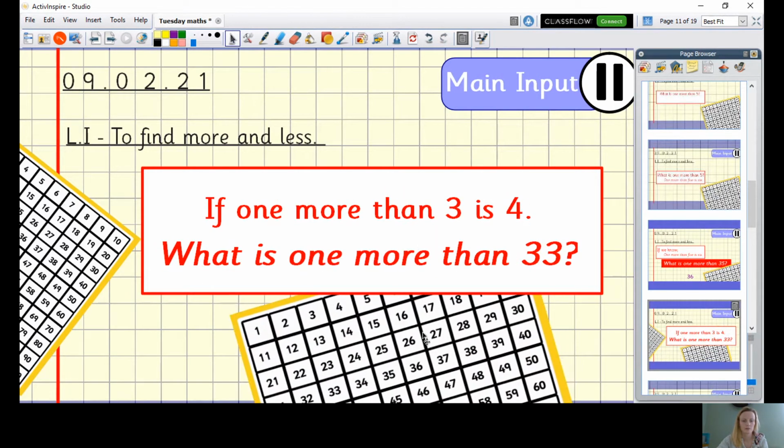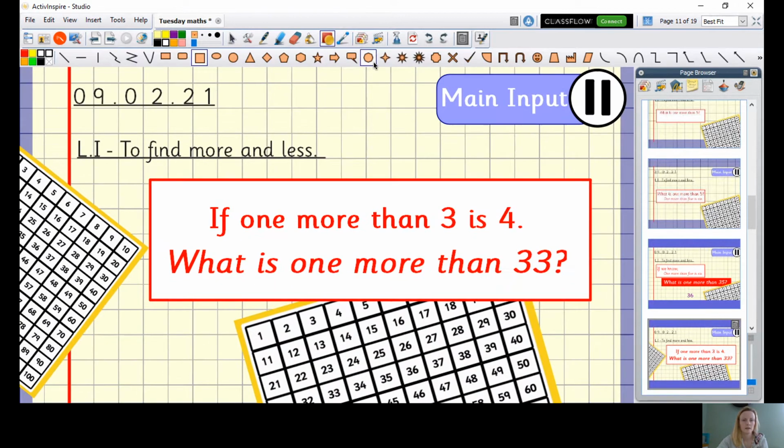Okay, so we can see here that 1 more than 3 makes 4, correct? Can you see that? It makes 4. So 1 more than 33, so I'm going to find it. It's in the same column, do you see? Because it's got 3 1s. So we're only adding 1s onto the 3. So 1 more would be 37.